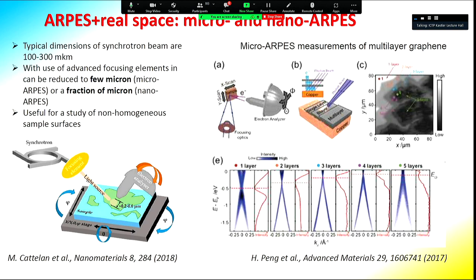Then there are also some extensions to ARPES that use focusing elements to reduce the spot size on the sample to several microns. This way, one can study an inhomogeneous sample and find very small pieces of the elements and study their band structure.